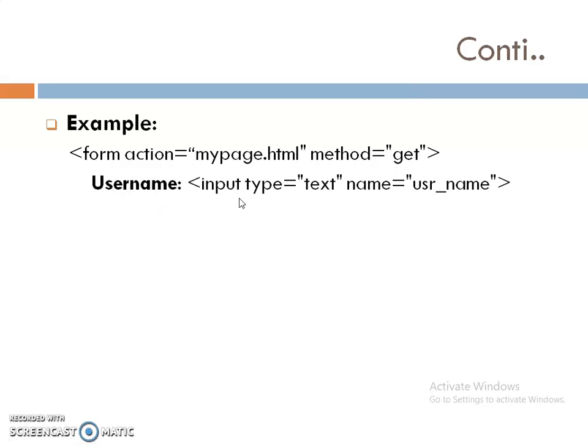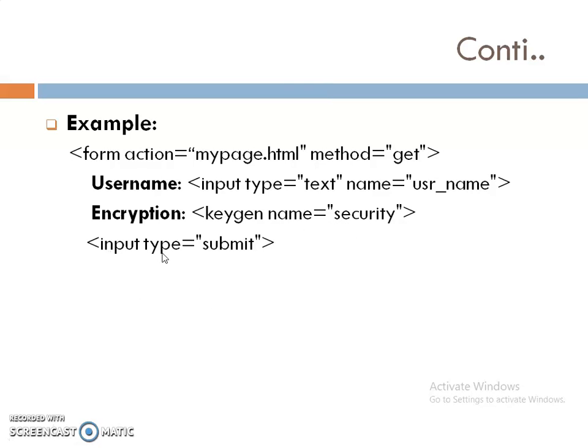Username is a label, and I'm adding an input field of type text, giving the field name as username. Encryption is a label name, and then I'm using the keygen element. This is the name attribute of the keygen element.